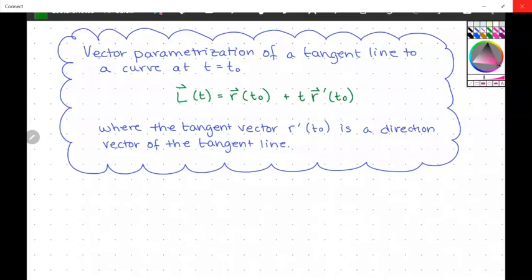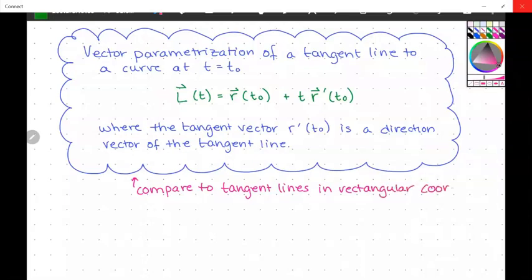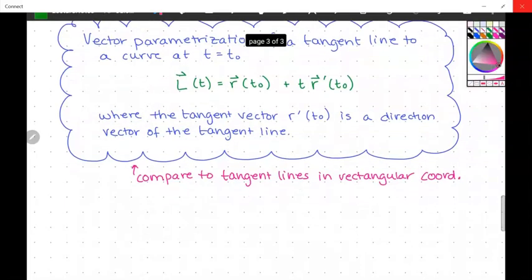If you think about rectangular coordinates, when you did the tangent line, it's really the same kind of format. So if we compare to tangent lines in rectangular coordinates, something you did way back at the beginning when you first learned about derivatives, back in AB, if you can remember those days.